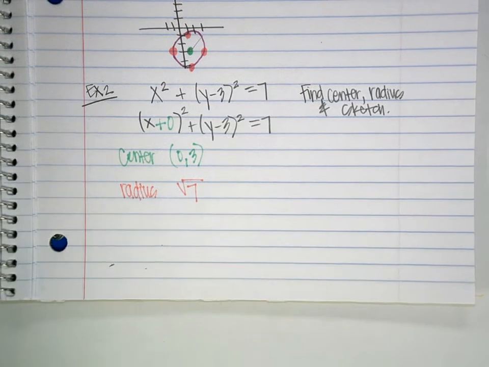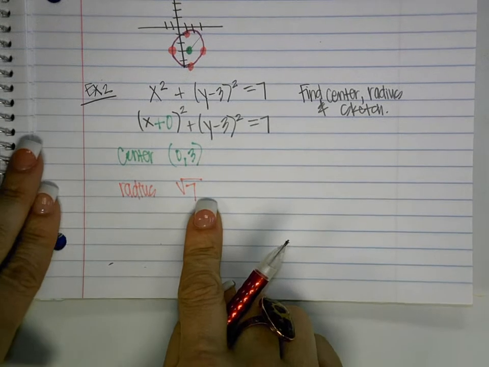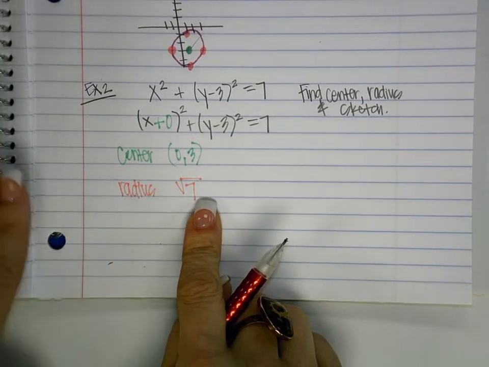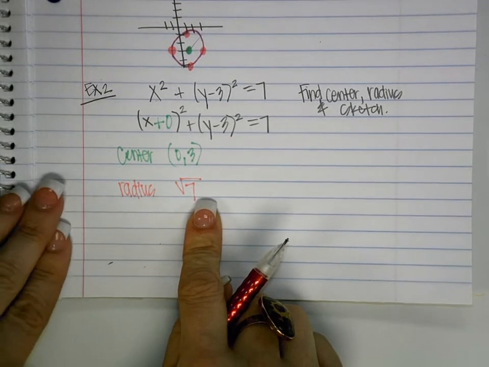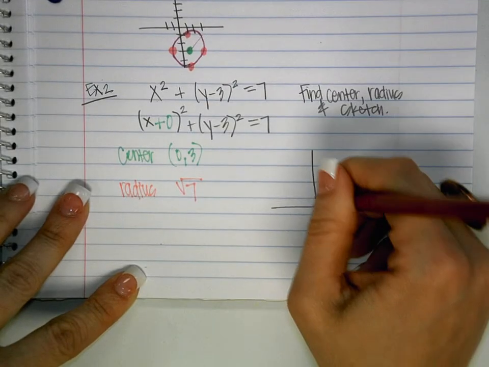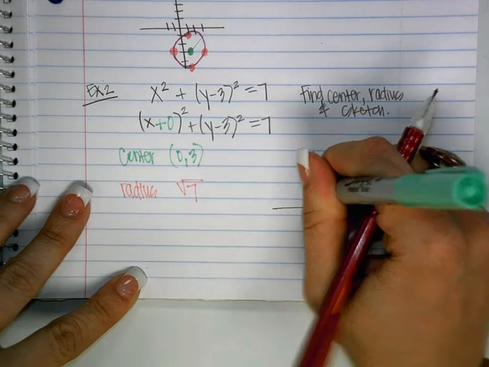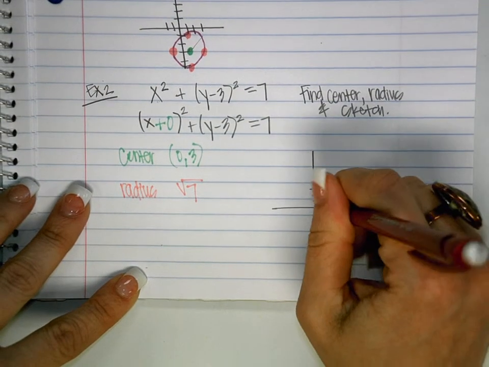Now, in conic sections, for shapes, I want you to leave things in square roots. We're not using calculators for this, so you do not need to give me a decimal. If I draw this, your center is at (0, 3), so that means over 0, up 3. Your radius is root 7.